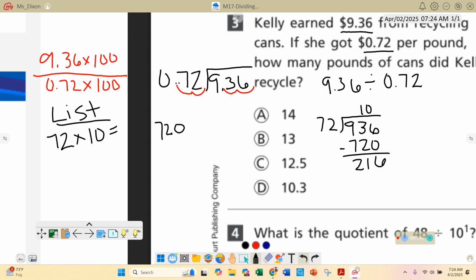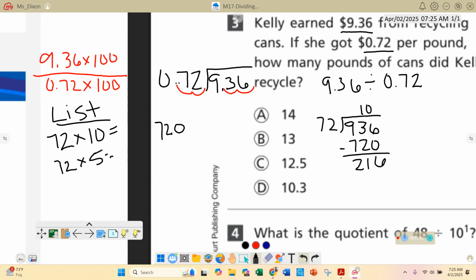All right, can we take another 10 groups out? You are absolutely right. We cannot take another 10 groups out because that wouldn't have us subtracting 720, and you cannot subtract 720 from 216. Well, let's go back over to our list and try 5.